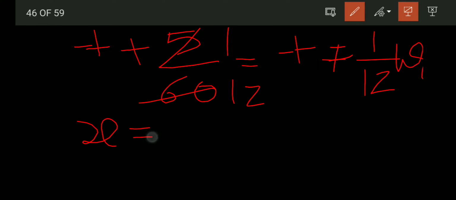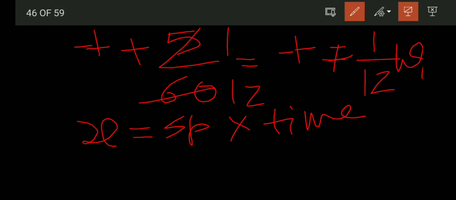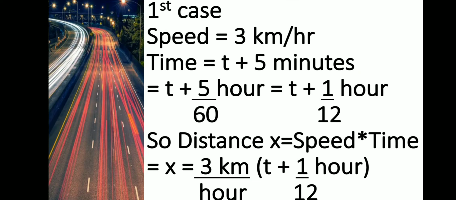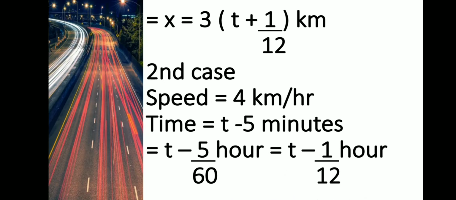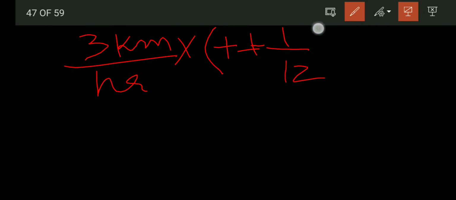And what is the distance? We have taken x, speed into time. So we'll calculate. Speed is 3 km per hour and time is t plus 1 by 12 hour. Now let us see the calculation. That is 3 km per hour, that is speed, multiplied to t plus 1 by 12 hours.